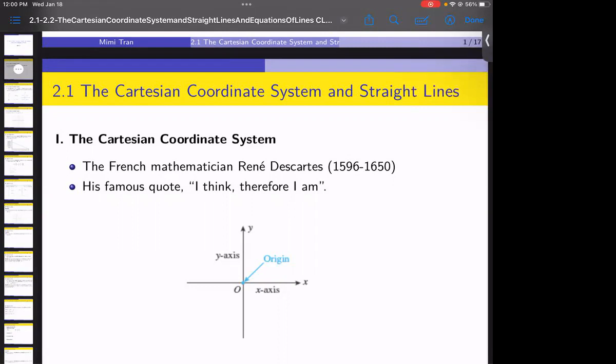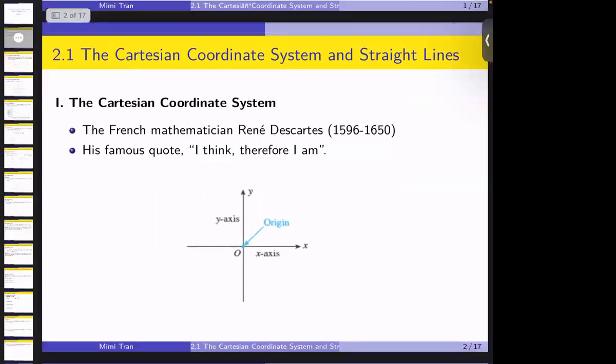His death was kind of sad, so I think I'm gonna skip that part. As you can see, he only lived up to 54 years old. He's dying young. But he's not only a mathematician, he's also a natural scientist, philosopher, and many other things. Very talented guy.